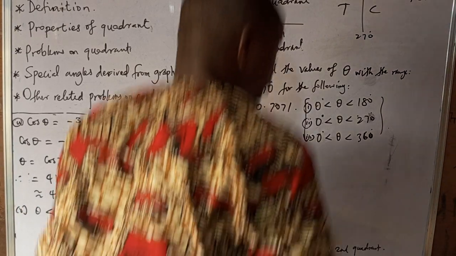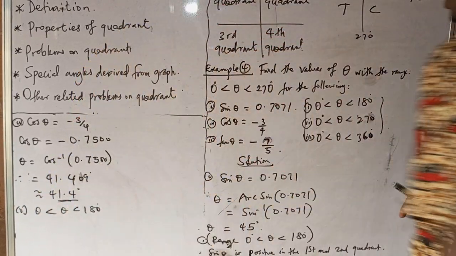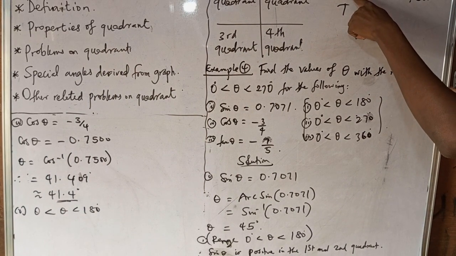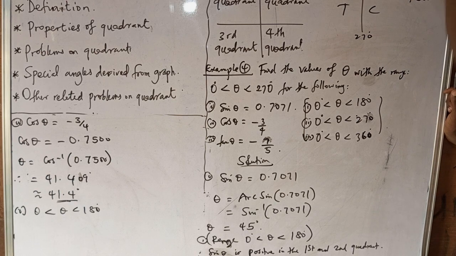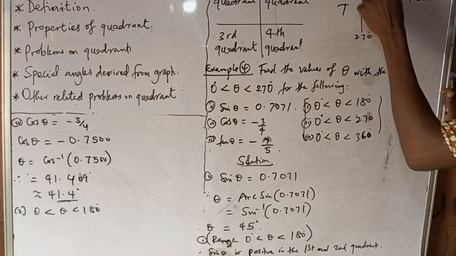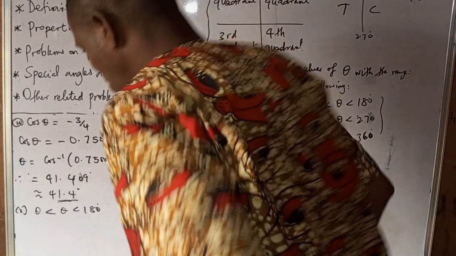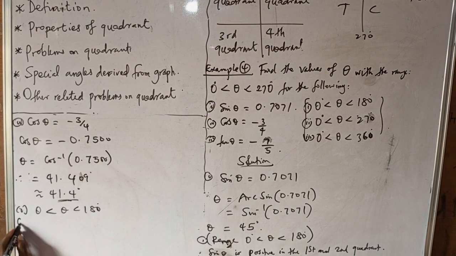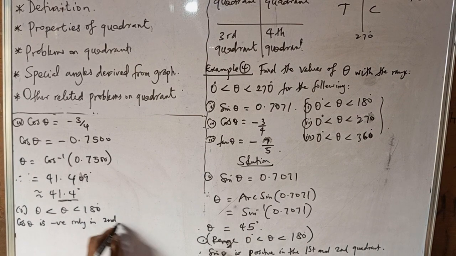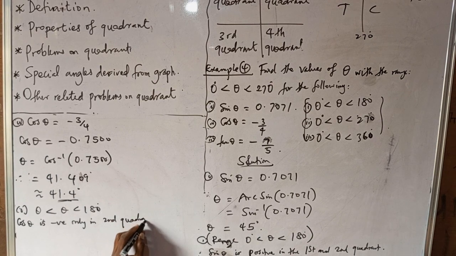So going back to the quadrant, between 0 and 180 degrees, where is cosine negative? Only in the second quadrant, because here all of them are positive. So cos theta is negative only in the second quadrant.